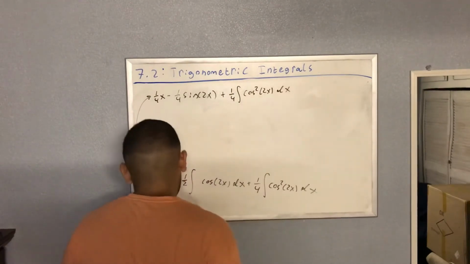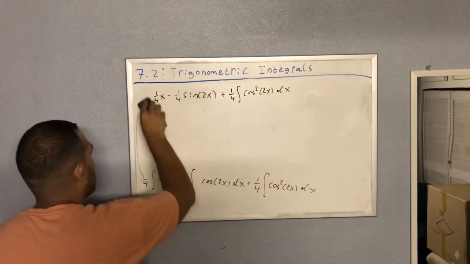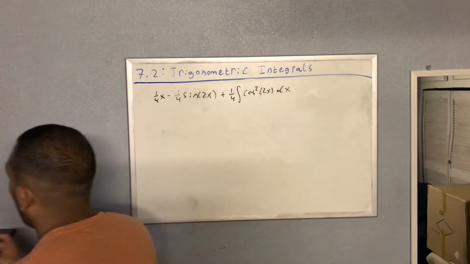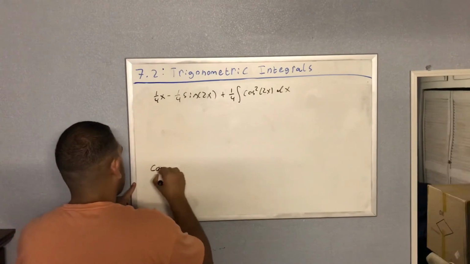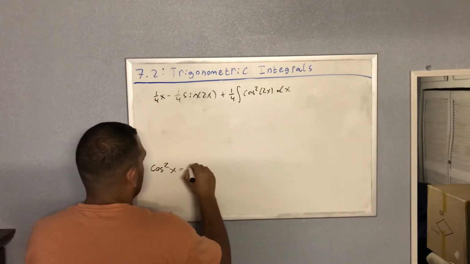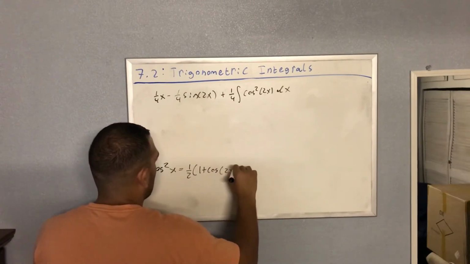Okay, this one we're stuck with. We kind of don't know where to go with this. But now we're going to use the other version of that formula, which is related to cosine. So the formula said cosine squared x is 1/2 times 1 plus cosine of 2 times x.